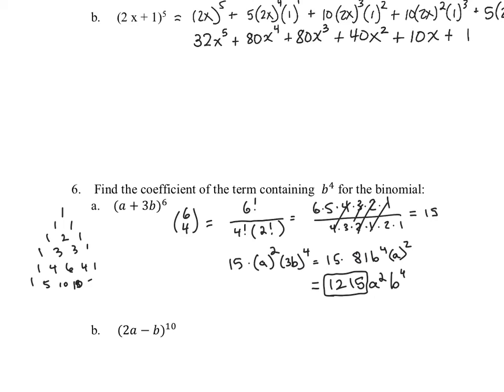Oops, 10, 5, 1, and then 1, 6, 15, 20 rather, and then 15, 6, 1, and then the b to the fourth term would have been that one right there, so you could have found 15 using Pascal's triangle.